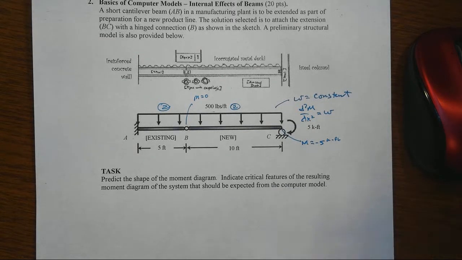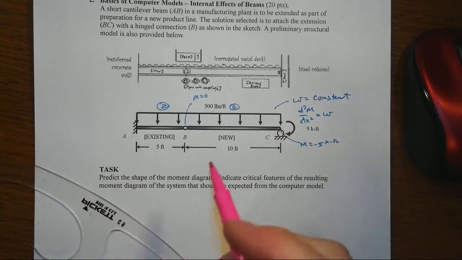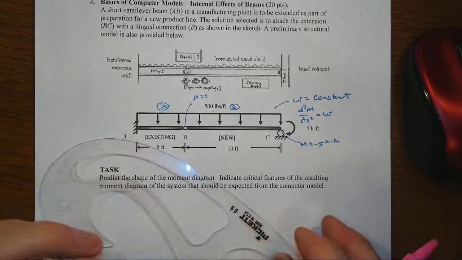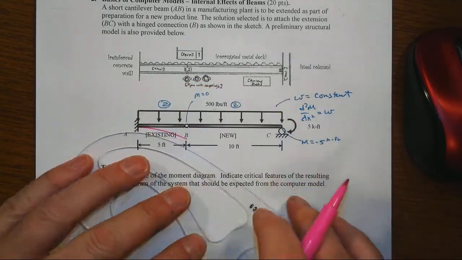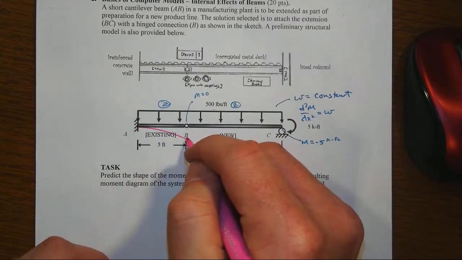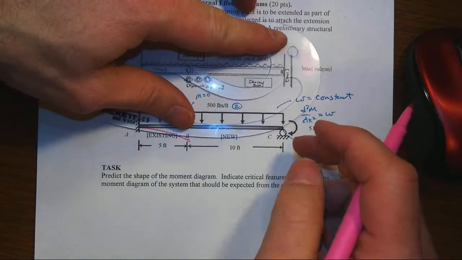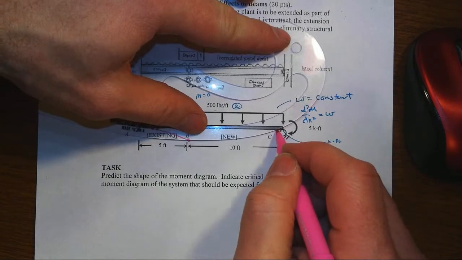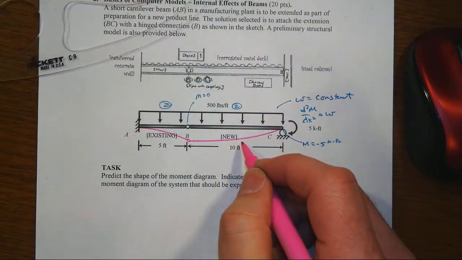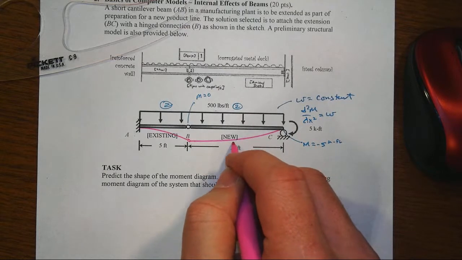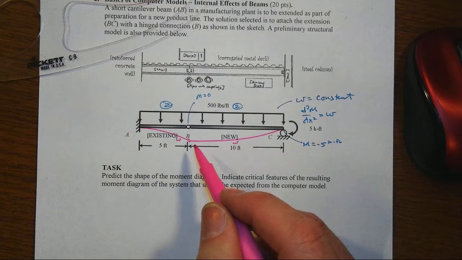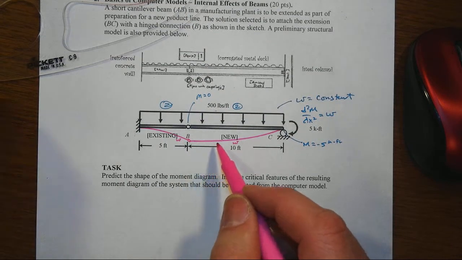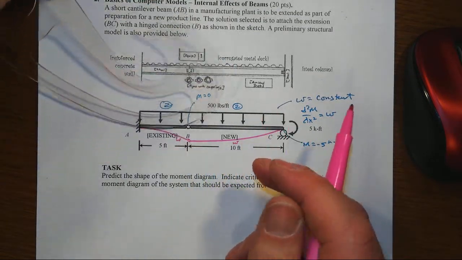One of them is just from the distributed load, which is going to want to cause the beam to sag downwards and create a deflected shape that might look something similar to what we see here, and we'd have some sort of smiley face portion here. So frowny face over here, smiley face. This is all caused by the W load, all second order moment diagram, a fourth order in terms of the actual shape of the deflection, transverse deflection.